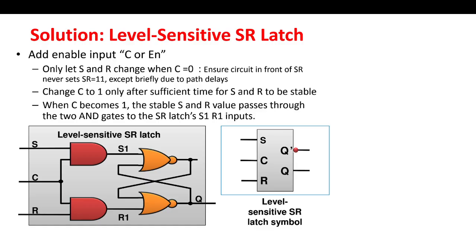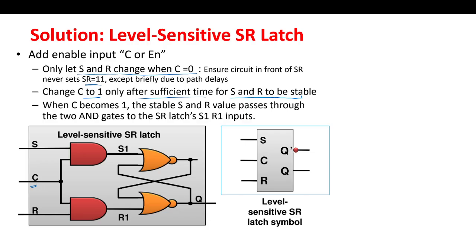So here in this approach we have an enable signal. Whenever enable is 0, we will not be applying 1 1. So S and R change only when C is equal to 0, such that we can ensure 1 1 does not occur. And once C is changed to 1, after a sufficient time, S and R will be stable.